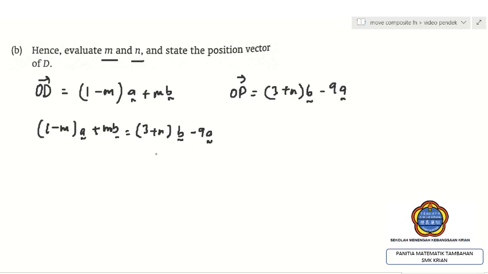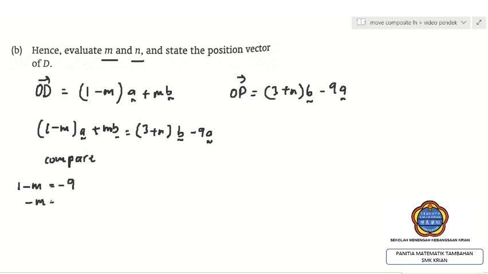So what to do is compare the coefficient of vector a and vector a, vector b and vector b on the left and right side. For vector a, the coefficient, 1 minus m is equal to negative 9.